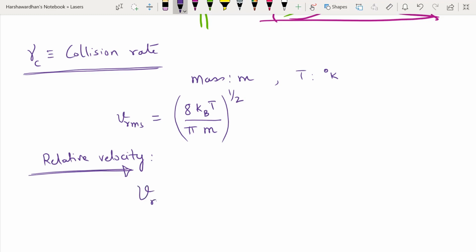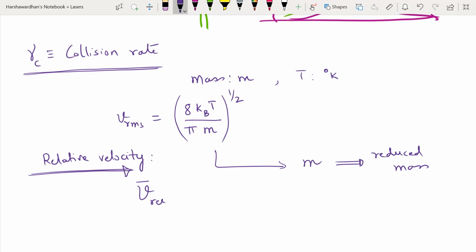To get this number, one simply replaces the mass in the above equation by the reduced mass of the two species which are colliding.